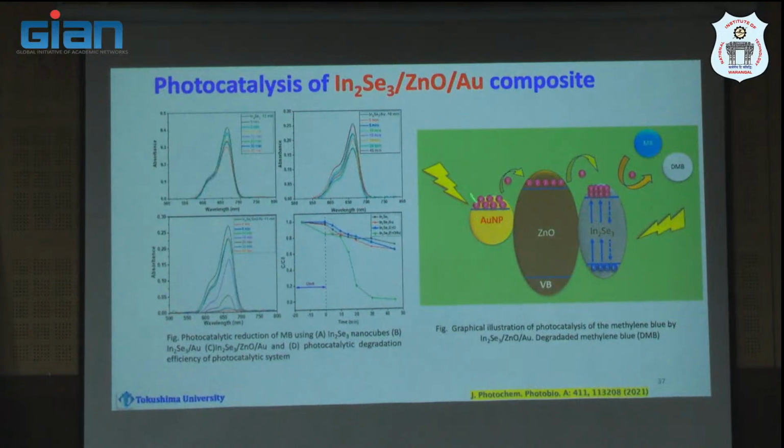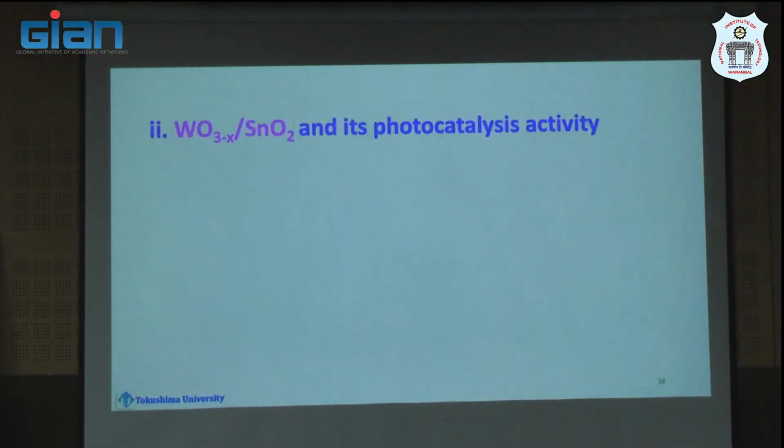If there is no metal, then this process will slow down. But with the help of the metal, the process can occur quickly and you can see the result. So this suggests that both metal nanoparticle and oxide are equally important when we make the ternary composite based on two-dimensional material.